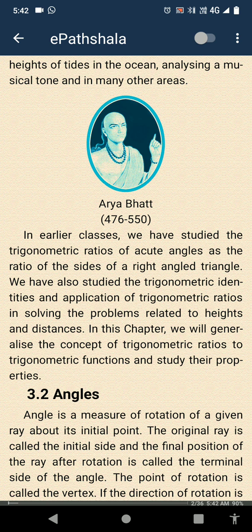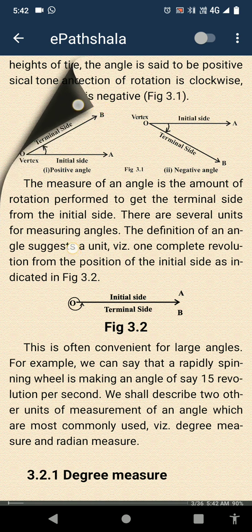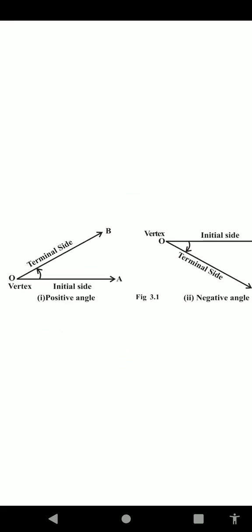That means if you have a ray and an initial point, and you move that ray from the initial point to the last point. You can see in this figure that OA is a ray, O is the initial point, and after some time OA becomes OB.